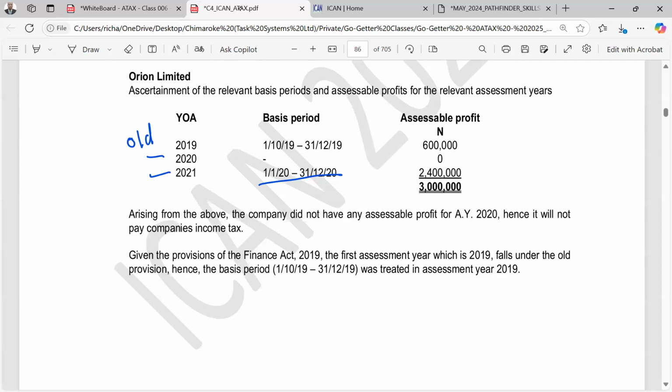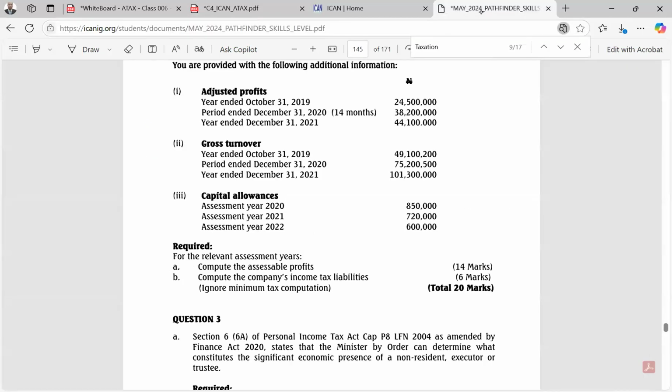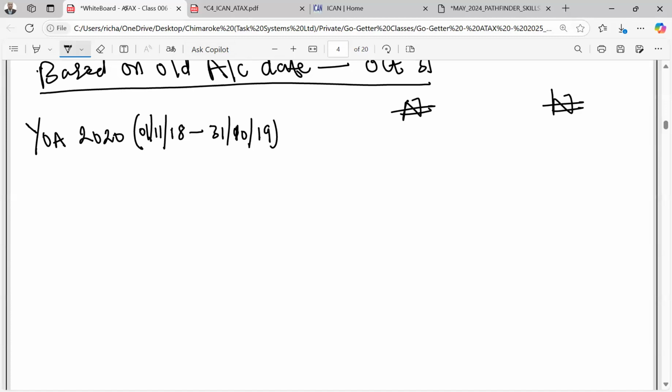Then we are given assessable profits, 24,500,000.